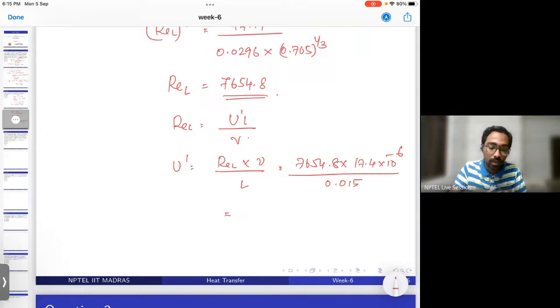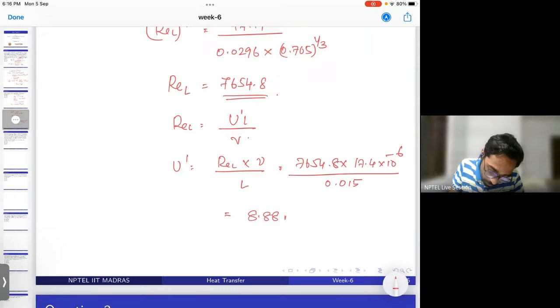So if we calculate this, it comes out to be around 8.88 meter per second.